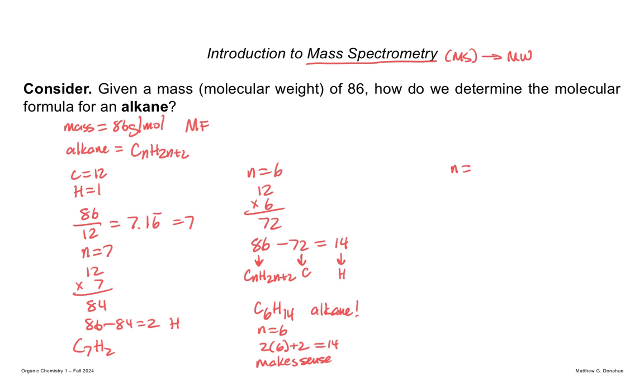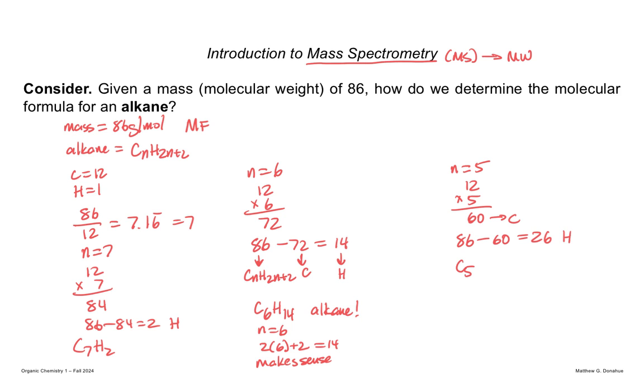So if n equals 5, 12 times 5, that's 60. And again, that's going to be the carbon contribution to the molecular formula. So 86 minus 60, that gets us 26 hydrogens.